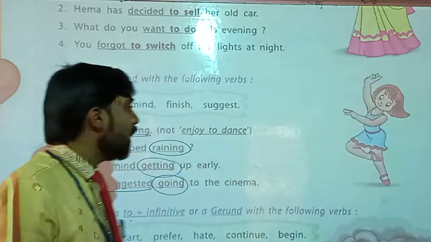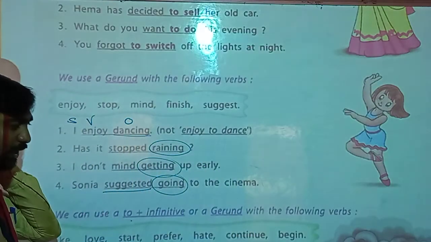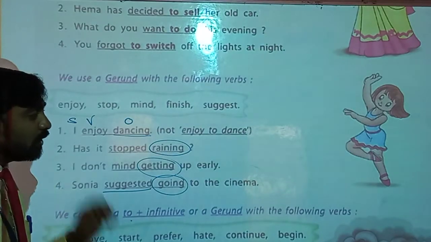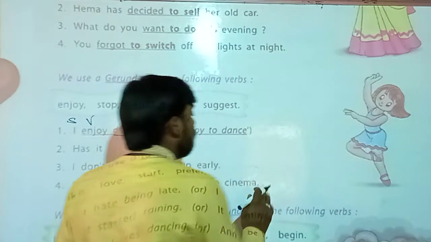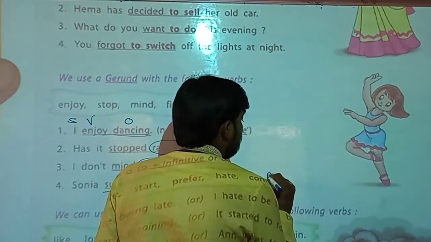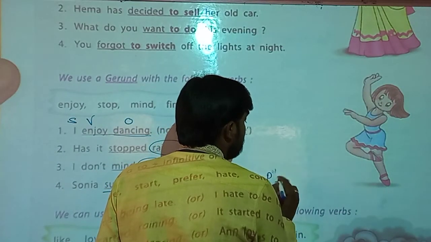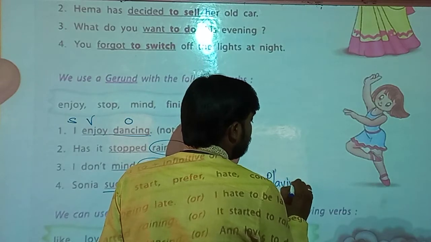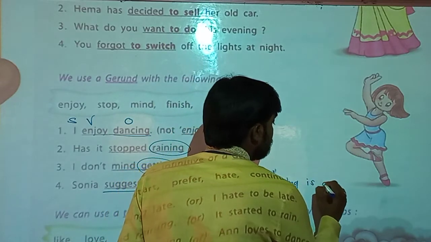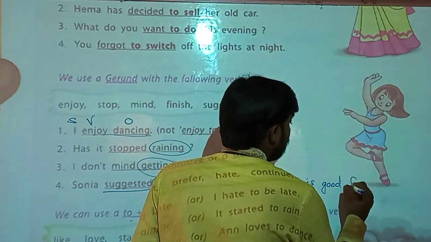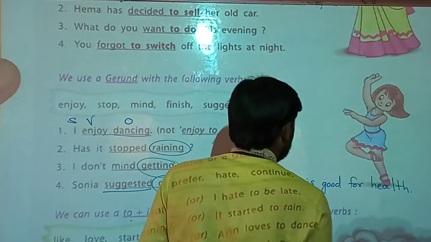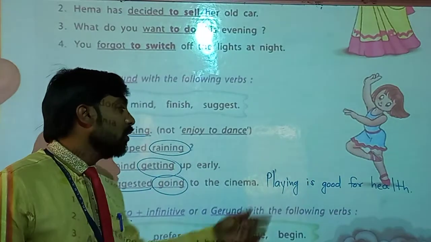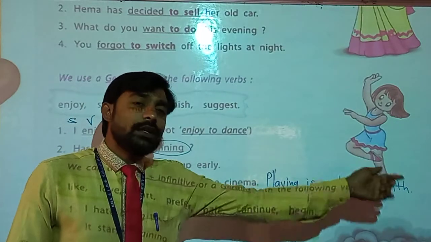For example, if I am using gerund as a subject, I will write one sentence by using gerund form. See here, playing is good for health. What I have written here, playing is good for health.